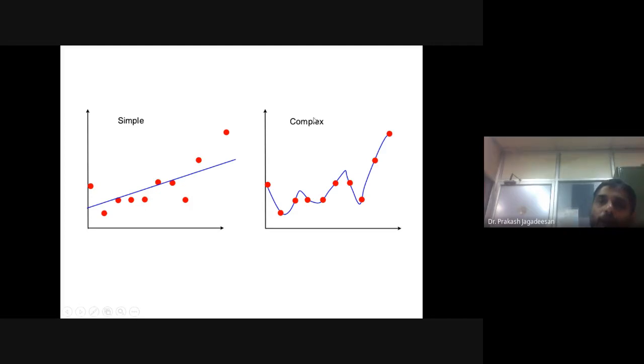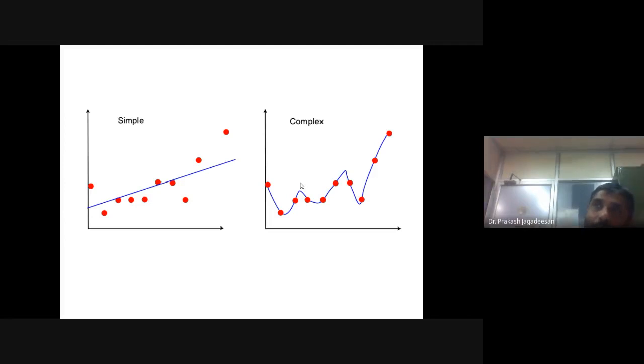The complex model is able to capture every change in the data. The red points are the spread of the input-output data points, and the model captures every change in the data. As a result, what you get here is what we call overfitting.